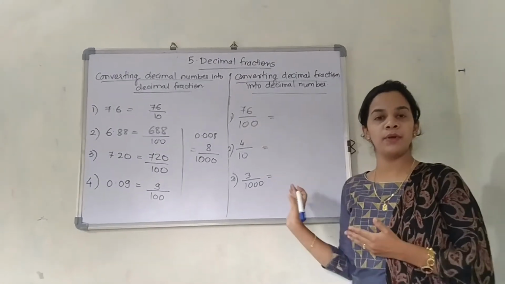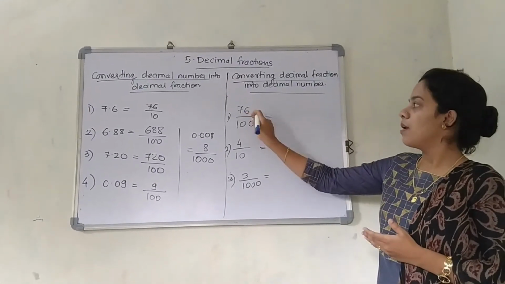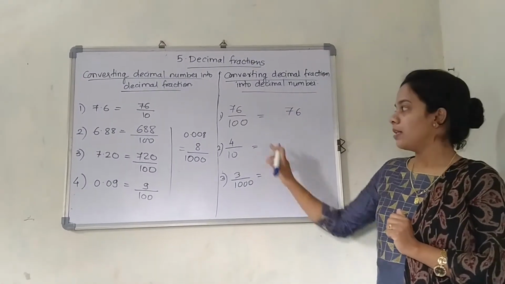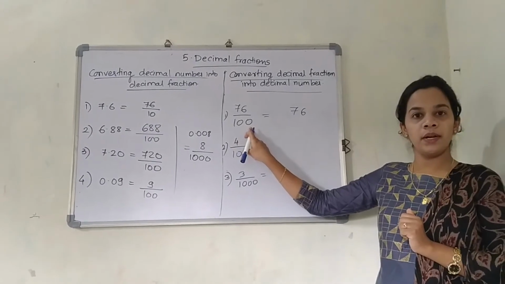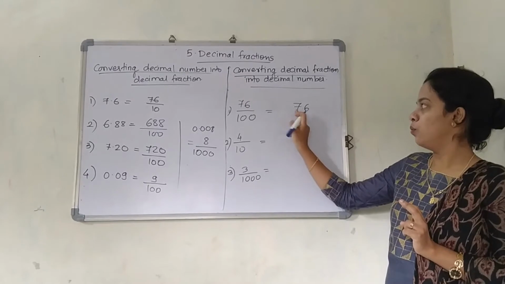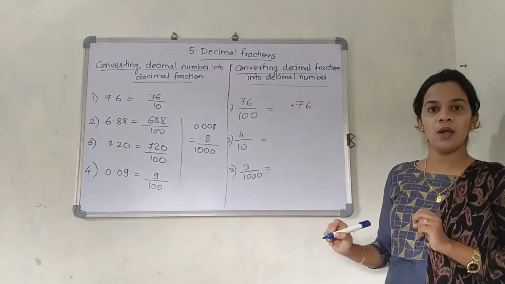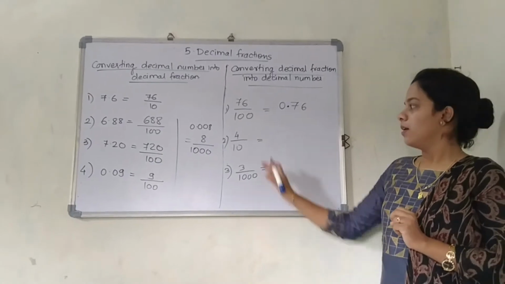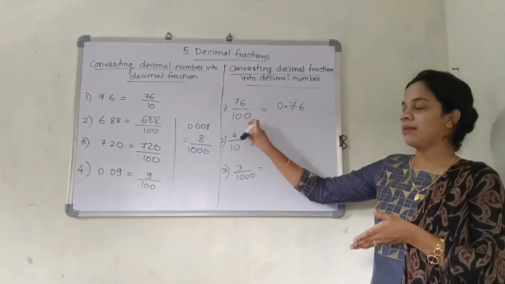We are going to write them as decimal numbers. Now write the numerator as it is on the top. Now see how many zeros are present at the denominator place. There are 2 zeros, so we are going to leave 2 places, 1, 2, and we are going to put the decimal point. And after that, what are we supposed to write? Yes, we are supposed to write 0. This is the decimal number of this decimal fraction.